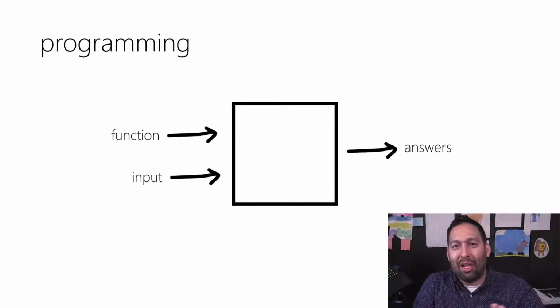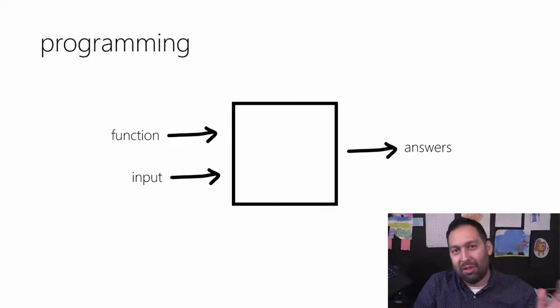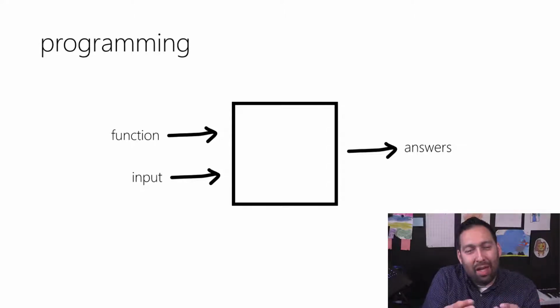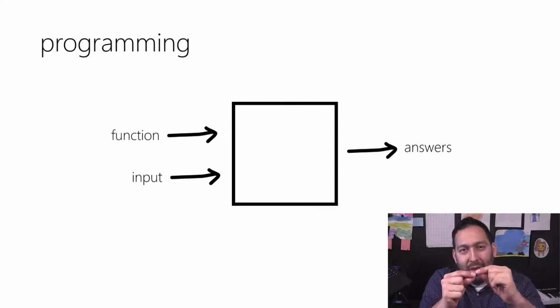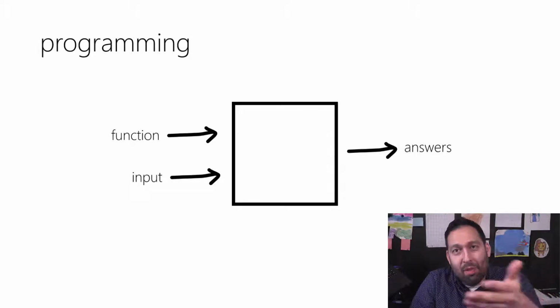I'm going to generalize a lot, but let's just boil it down to we're basically building a function that takes input and outputs answers. Now we have a bunch of functions that work together, and sometimes we use functional languages, sometimes we use dynamic languages, sometimes we use object-oriented, but down at the minimal level, we create a function that translates some input into some answer.